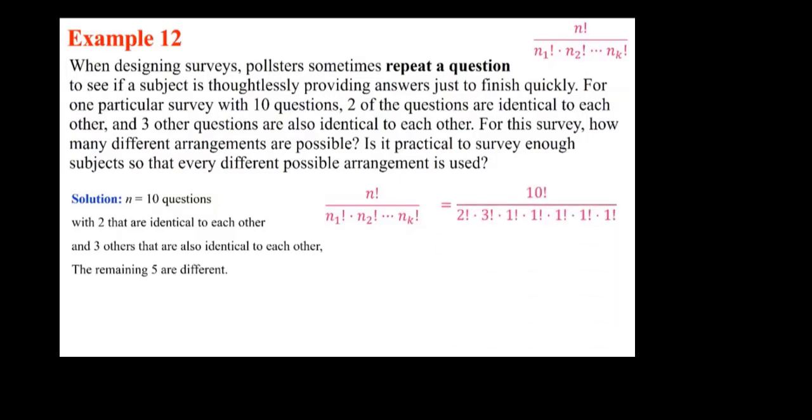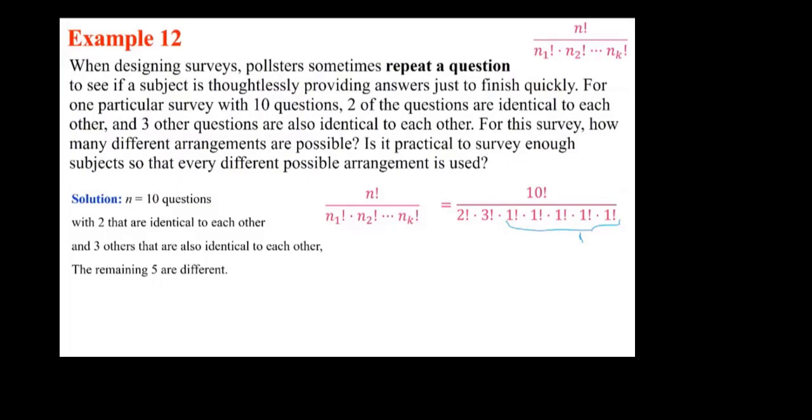Now we're going to write that just because we want to make sure everybody understands. We write these parts because the numbers at the bottom, 2 and 3 and all those ones, must add up to 10. But even if you don't write it, the calculation works fine. I just want to make sure everybody understands how this formula works.